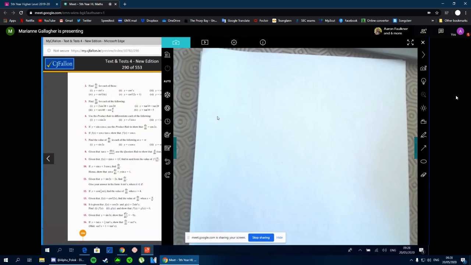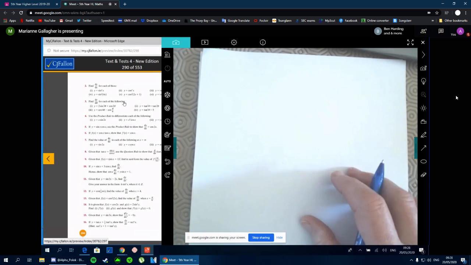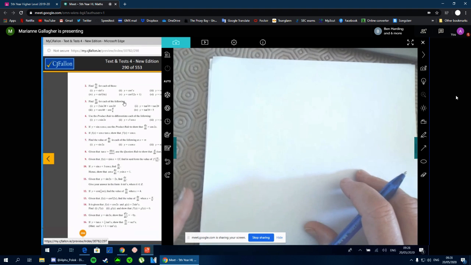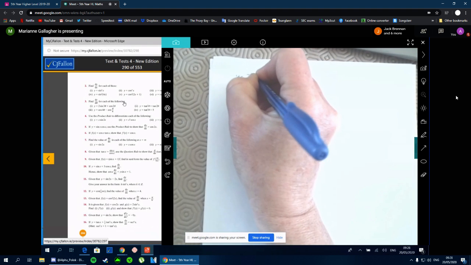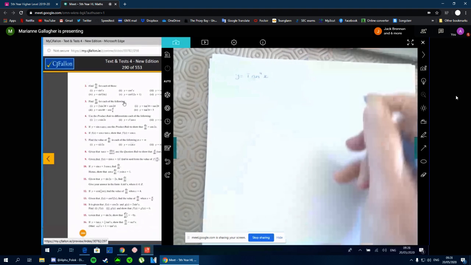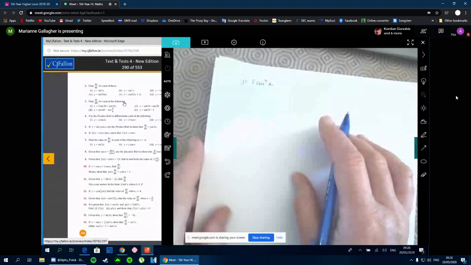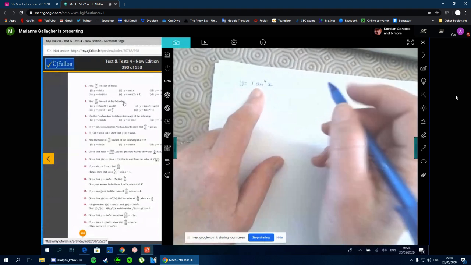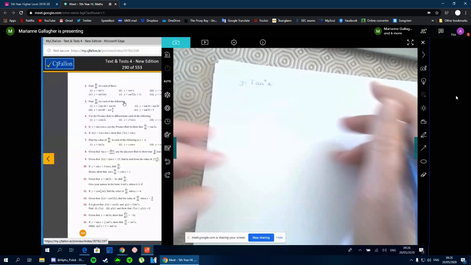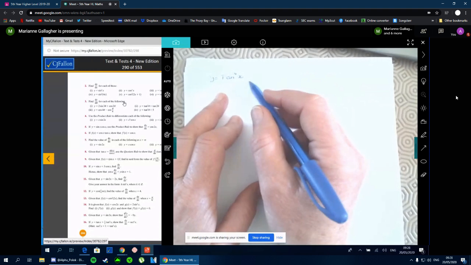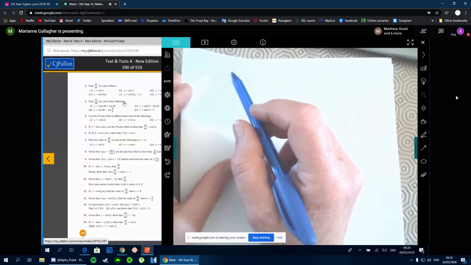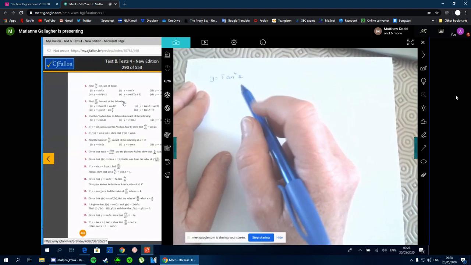Question 2 is getting a little bit more complex, so I'm just going to do parts 3 and 5. So y is tan to the power of 4x. Now, if you're getting confused about doing it the quick way, you can write out the chain rule fully. The whole point of the chain rule is to try not to have to write it all out, so identify all the different functions that are going on.